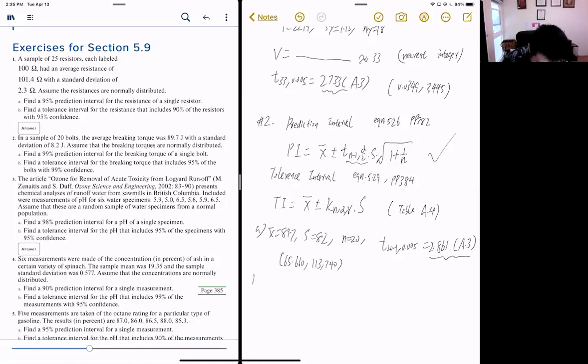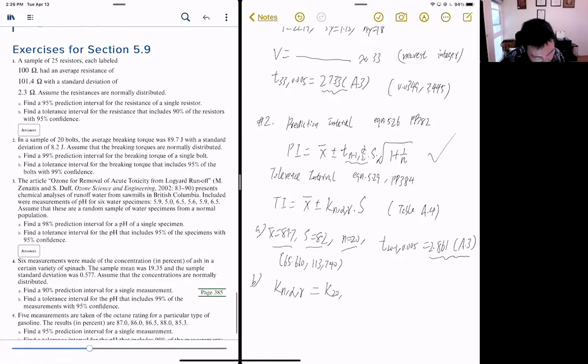For B, the tolerance interval, the mean value is still 89.7, S is still 8.2, doesn't change. N is still 20. So the key values are N, alpha, and gamma. N is the sample size, so N is 20. Alpha is based on 99% confidence, so alpha will be 0.01.